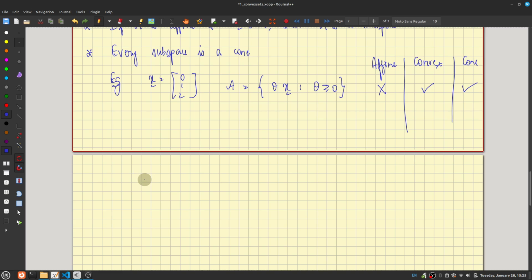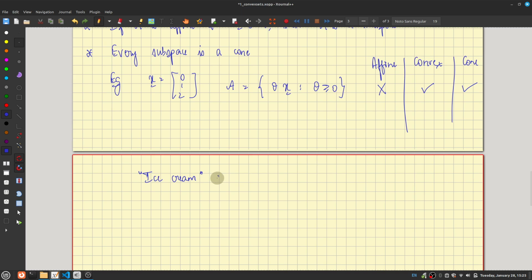It's basically the set of all, let me say, (x, x prime) in R^(n+1). So I look at the ice cream cone in R^(n+1).